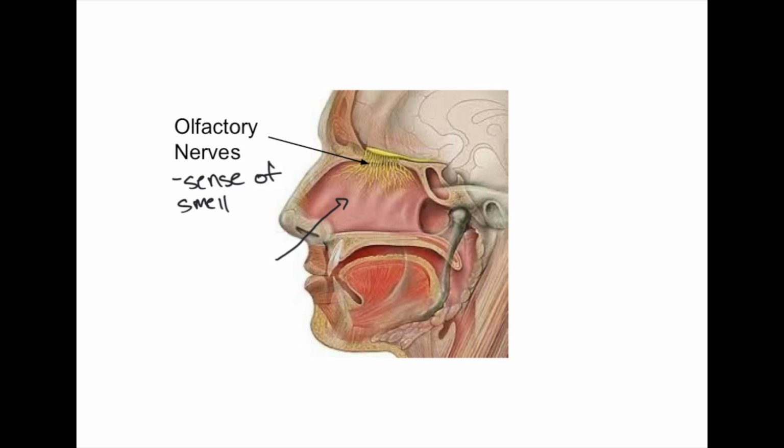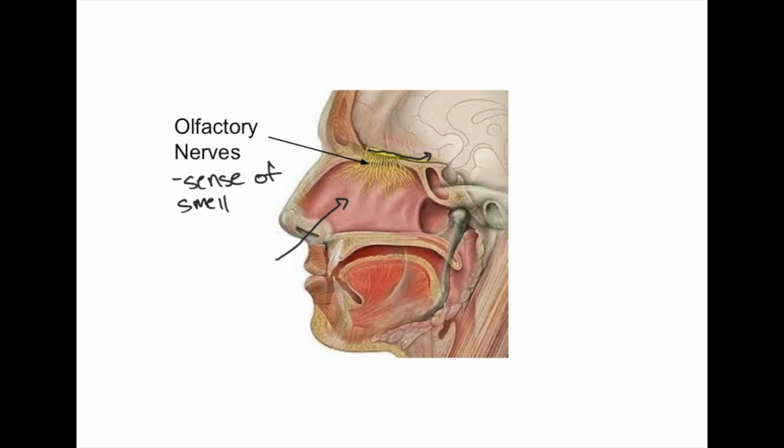It will attach to these olfactory nerves, and then they will send a signal to the frontal part of your brain that will say, okay, something is attached to your olfactory nerves that has this particular identity, and then your brain interprets that as a specific smell.